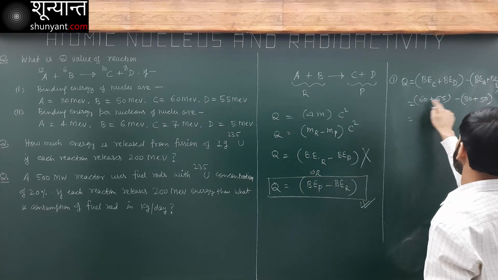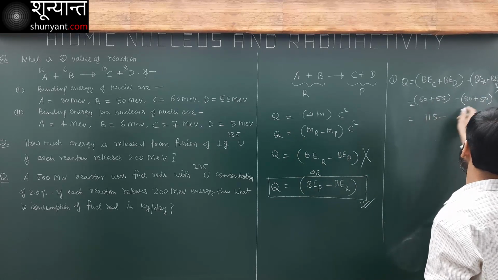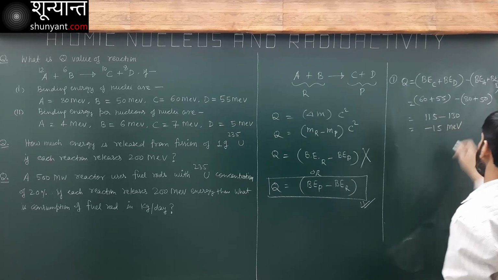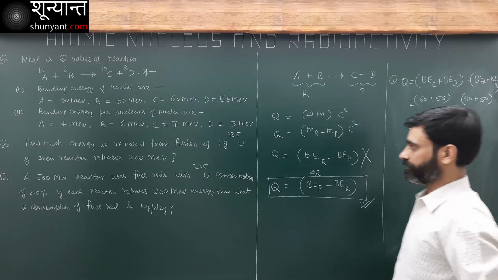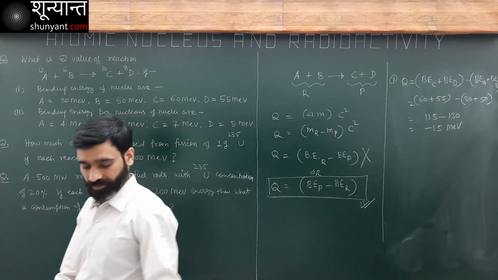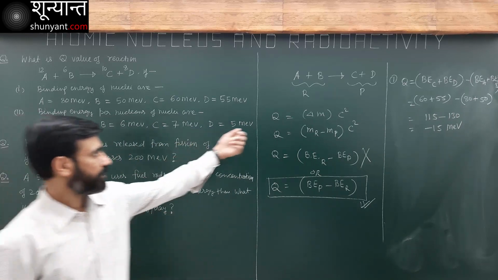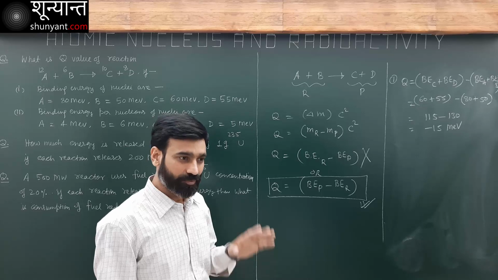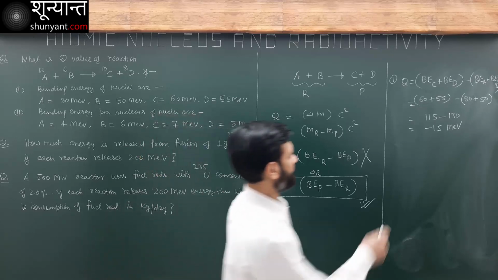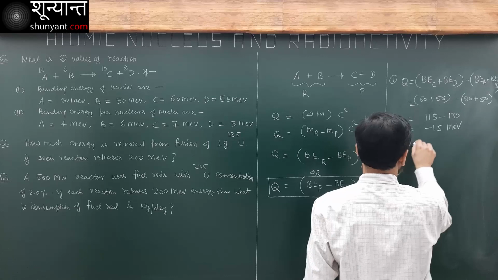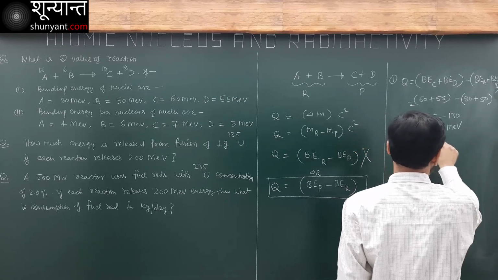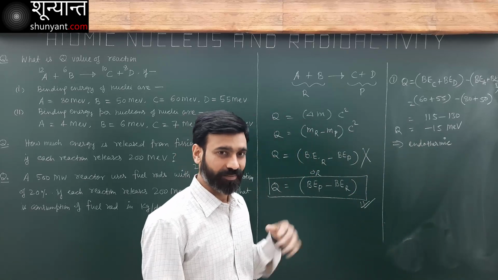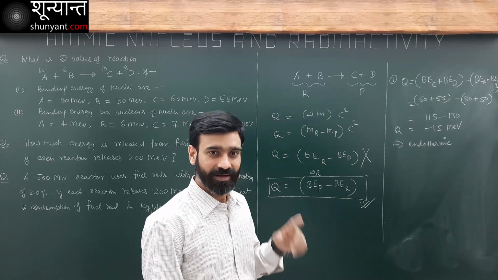So this is 115 minus 130. This becomes minus 15 mega electron volt. Negative. What does that mean? Q is negative, that means it is endothermic. I need to supply energy. You have to remember this: negative Q is endothermic, positive Q is exothermic.